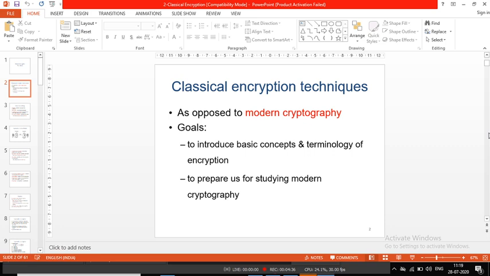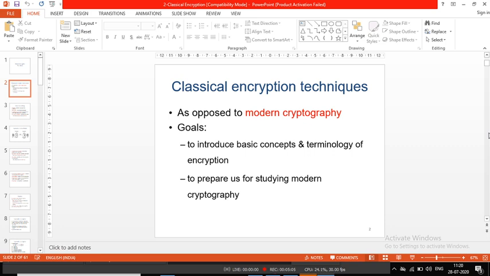As I already told, classical encryption techniques have two types. One is the substitution technique and another one is the transposition technique, right? Before entering into that, what do you mean by substitution and transposition? The substitution technique is nothing but, if your data needs to be encrypted, that data will be substituted by other letters.